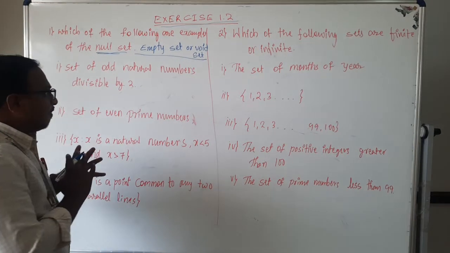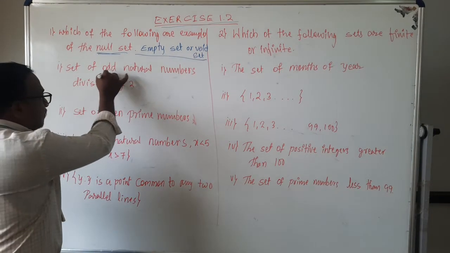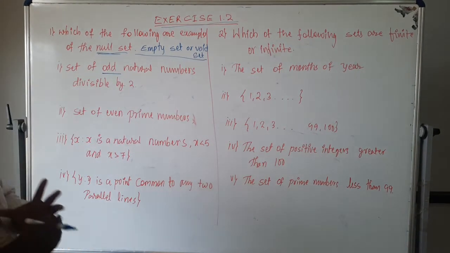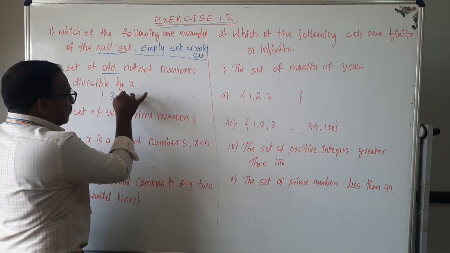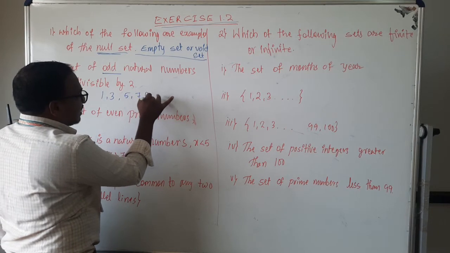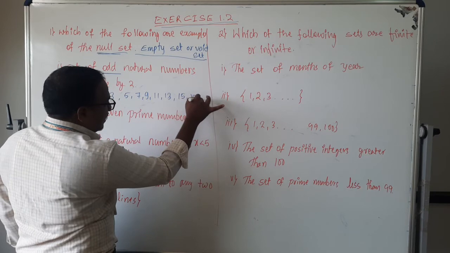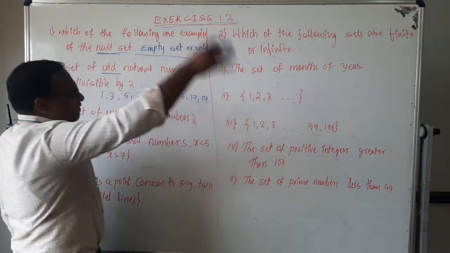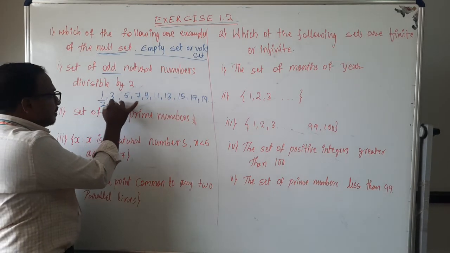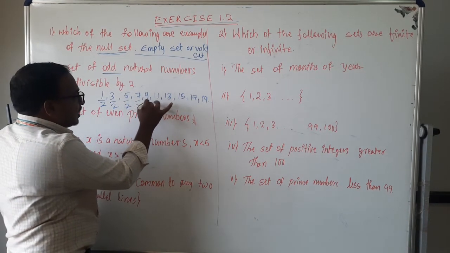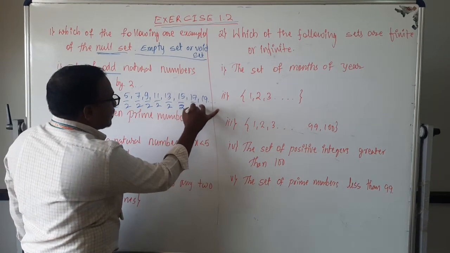First, odd natural numbers. Which numbers come under odd natural numbers? 1 3 5 7 9 11 13 15 17 19, so up to infinity. Now divide all these numbers by 2.